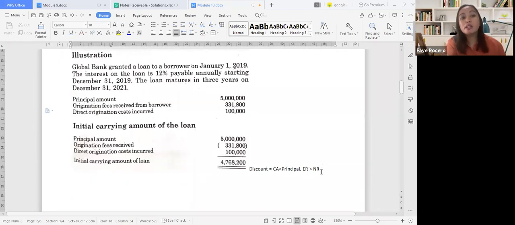Okay? The nominal rate is what we see here in the problem, 12%. So therefore, if mas mababa ang carrying amount, the effective rate must be higher than 12%.